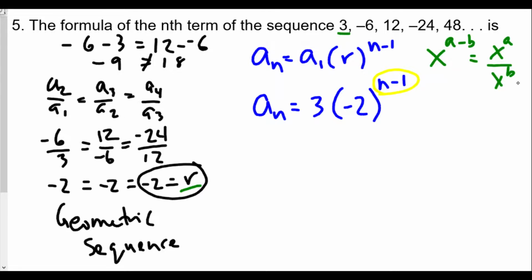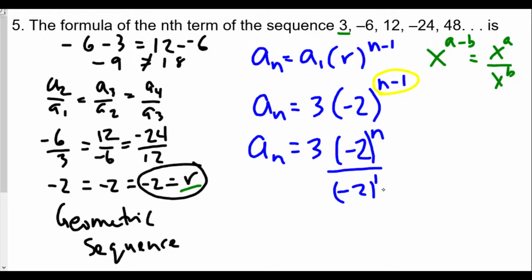So this would mean in this case that a sub n equals 3 times -2 to the nth power over -2 to the first power.